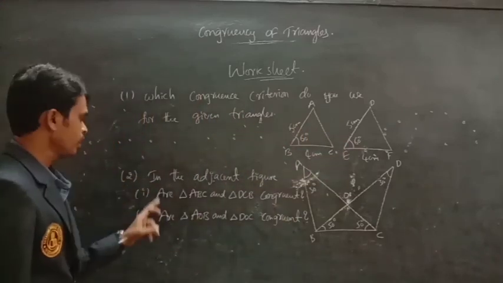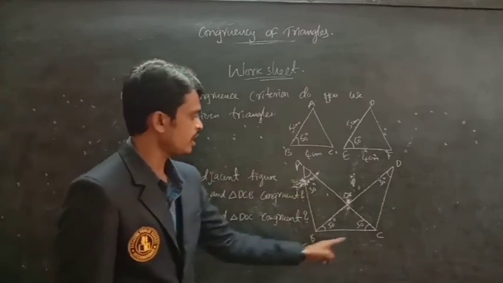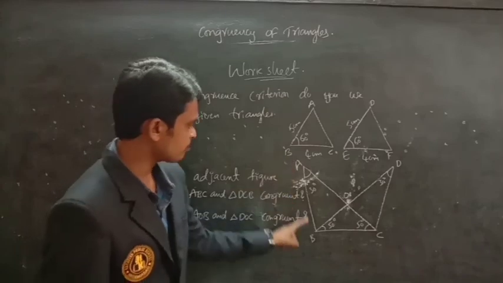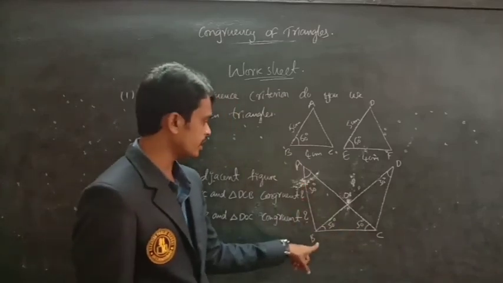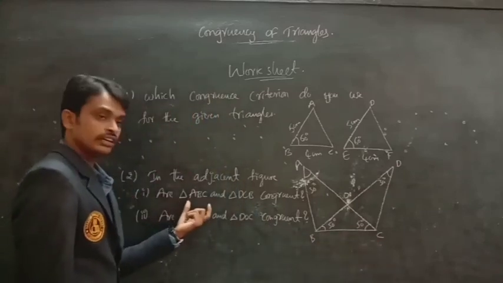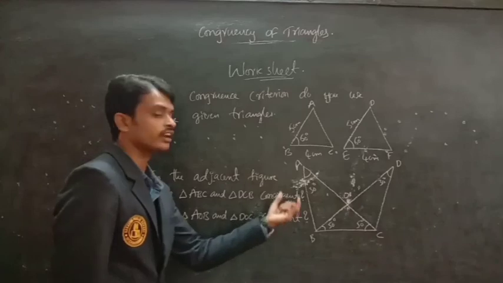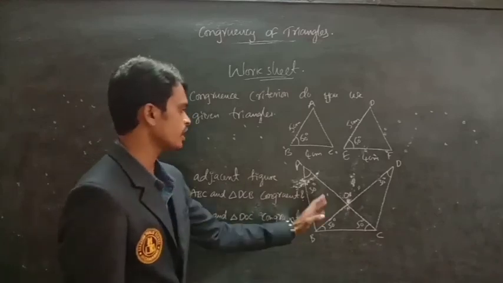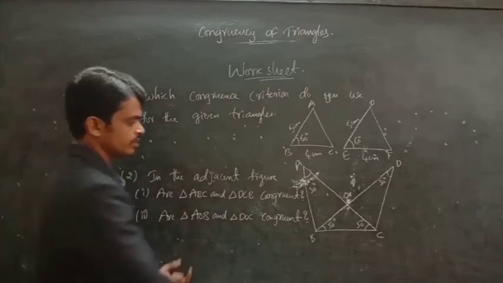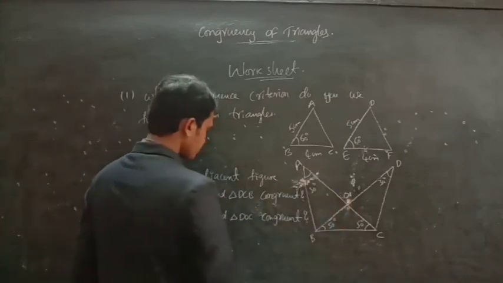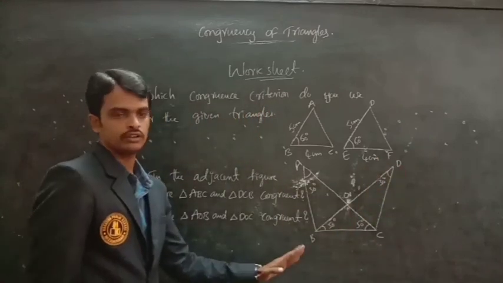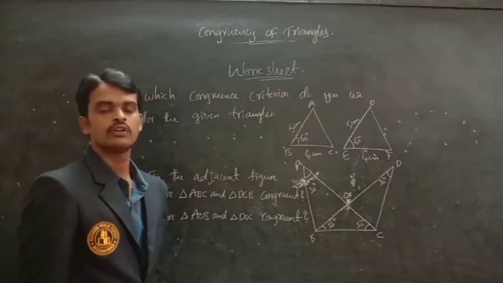Now, second one, in the adjacent figure there are two triangles, triangle ABC and triangle DBC. First, are triangle ABC and DBC congruent or not? And second, are triangle AOB and triangle DOC congruent or not? You should prove it.